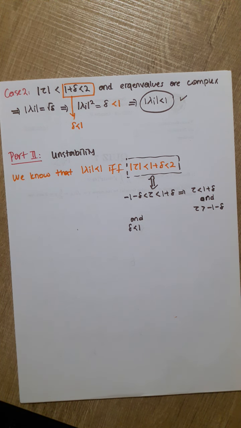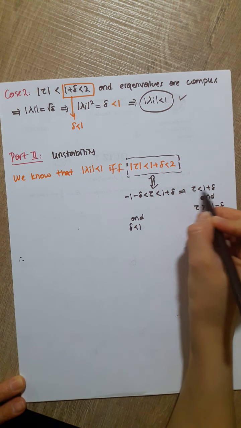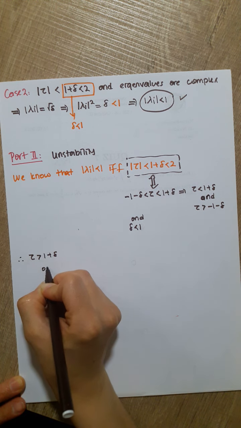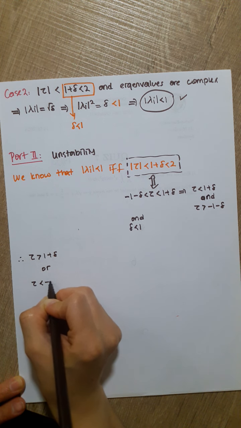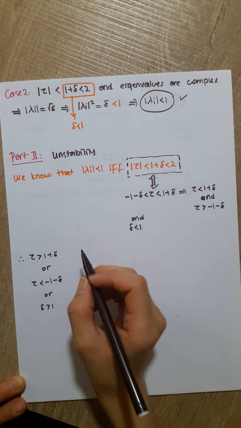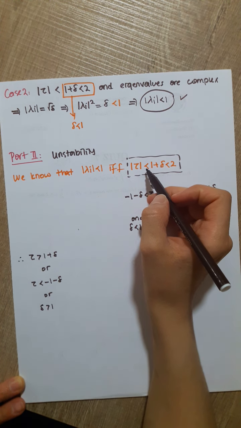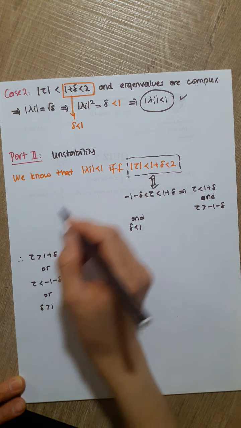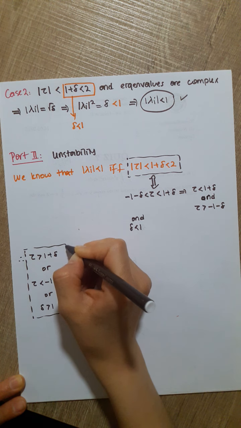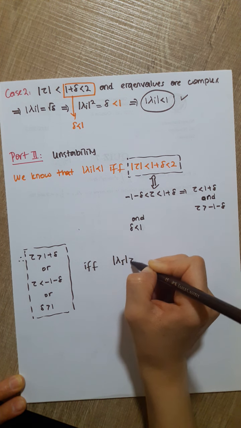So because of that, we can conclude the following results. If tau is greater than 1 plus delta, or if tau is less than minus 1 minus delta, or if delta is greater than 1, this side does not hold, so the magnitude of lambda I will be greater than 1.